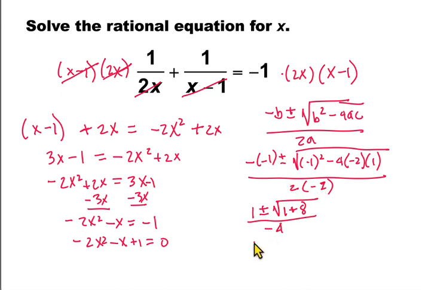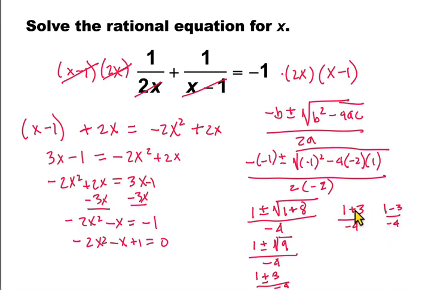Simplifying further, we get 1 plus or minus the square root of 9. That's an easy square root to figure out, over negative 4. So the roots of this equation are 1 plus or minus 3 divided by negative 4, which then becomes 1 plus 3 over negative 4 and 1 minus 3 over negative 4.